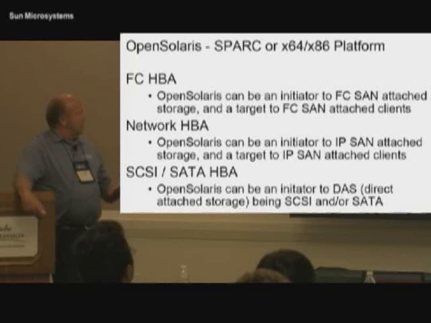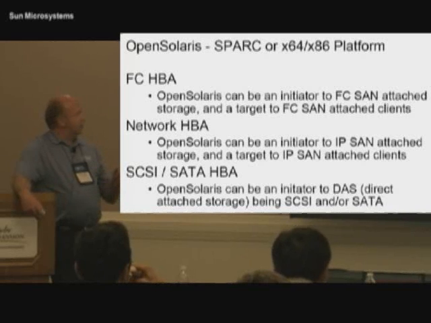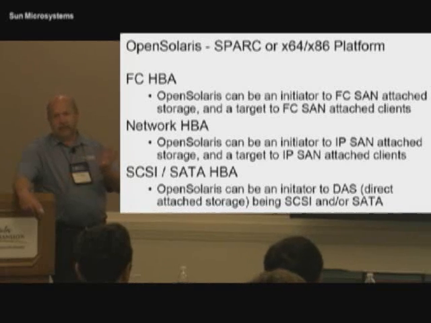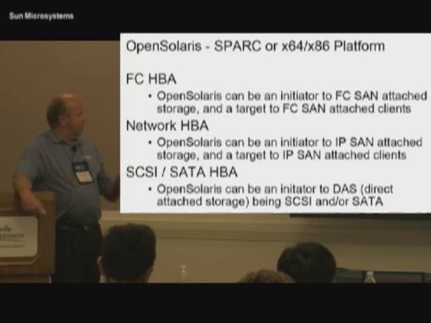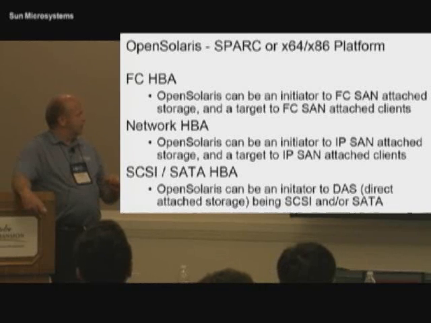For storage connectivity, we support Fibre Channel HBAs and network HBAs. OpenSolaris itself can be Fibre Channel attached to physical storage out in the SAN, either some type of Fibre Channel SAN, being just a loop, or Fibre Channel arbitrated loop, or a SAN that's also zoned with lots of different storage.